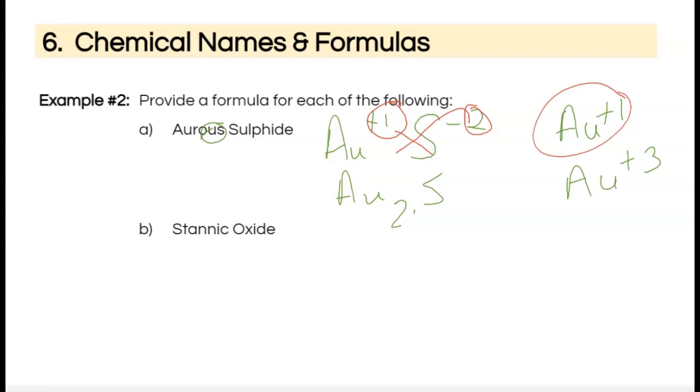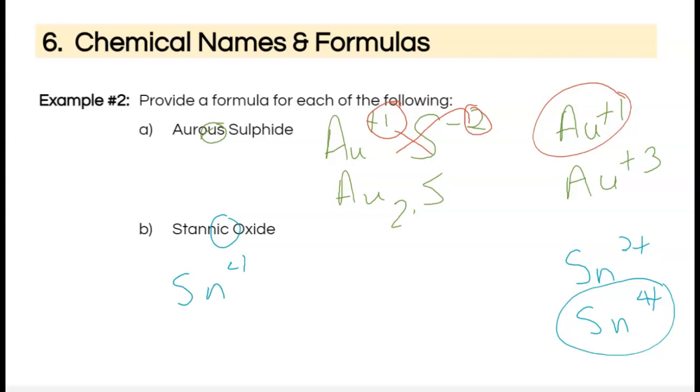Let's take a look at the next example. I'm going to use a different color here. I'm noticing that it's stannic, which means tin. So tin has 2 possible charges, the +2 and the +4. And that ic ending is telling me that I have tin with the 4+ charge, the higher of the 2 charges. So I have Sn with a 4+, and I have oxygen with a 2- charge.